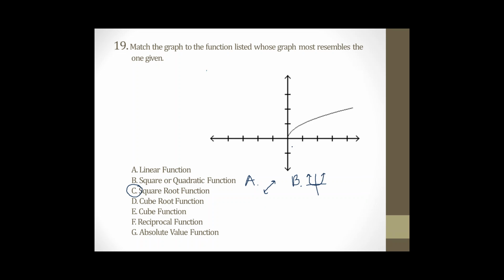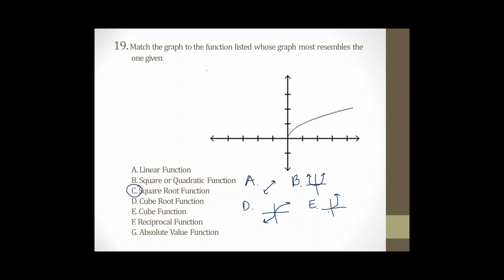The square root function looks like the one that we have here. The cube root looks sort of like the square root, but it has this part and also that part. The cube function looks very similar, but it's translated, or moved the other way.